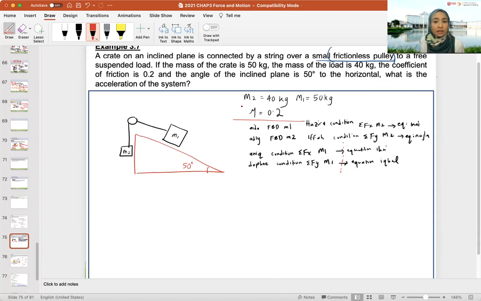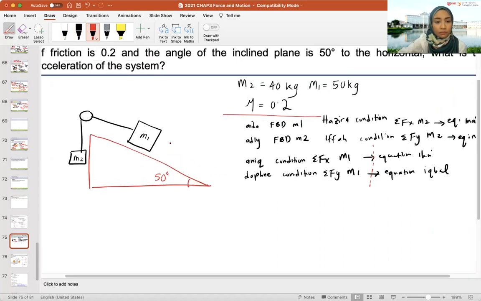So let's ask Aida. Aida dah siap ke free body diagram untuk mass number 1? Ya, Doktor. Okay, so how did you do it? Let's see.